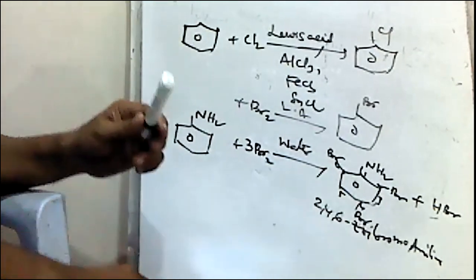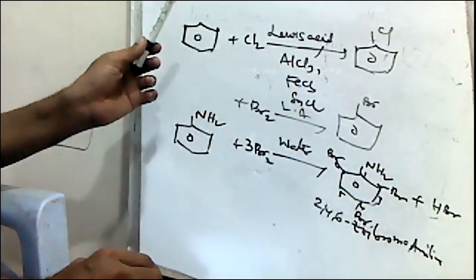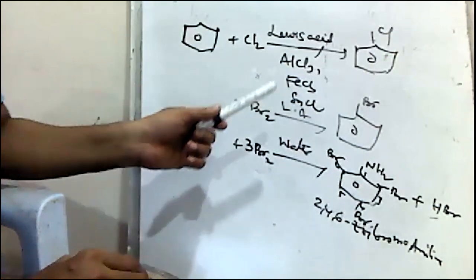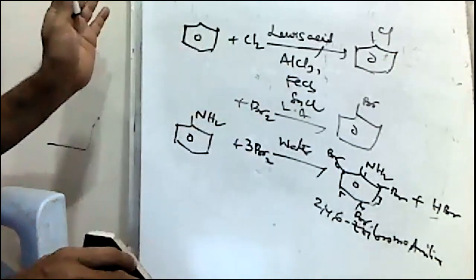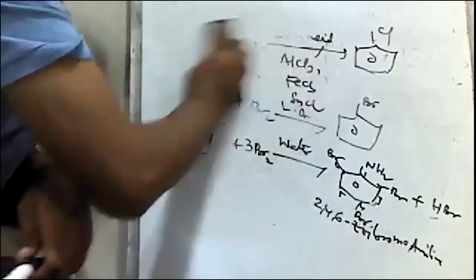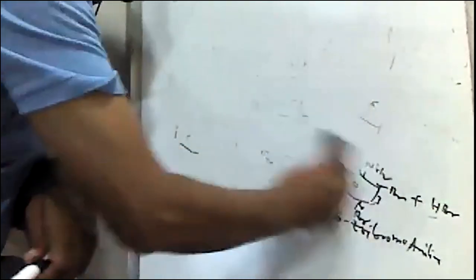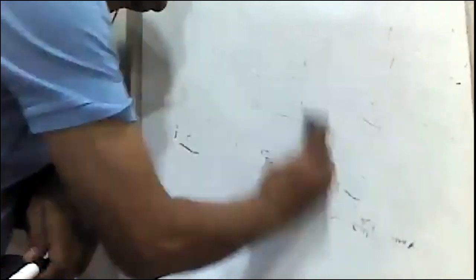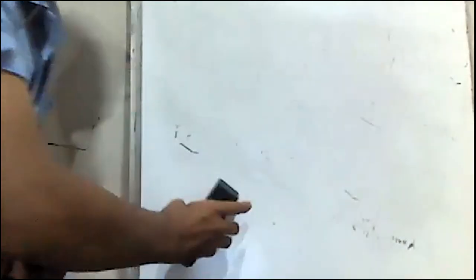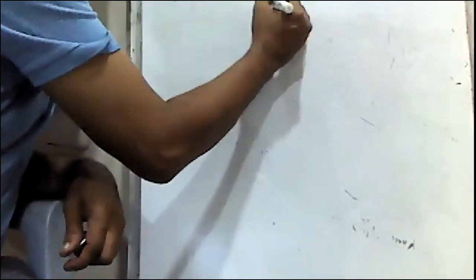So now the question is, is it possible to get ortho-bromoaniline and para-bromoaniline by using this electrophilic substitution reaction? This can be done by decreasing the reactivity of the aniline. The high reactivity of aniline is due to the presence of the lone pair of electrons on nitrogen.